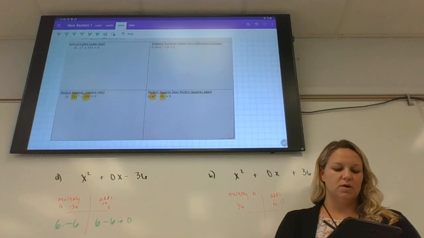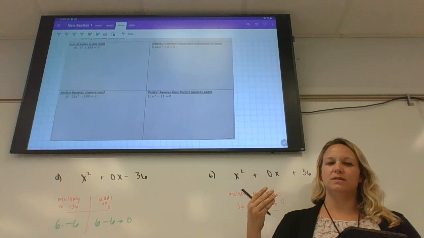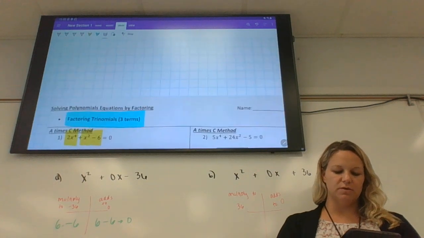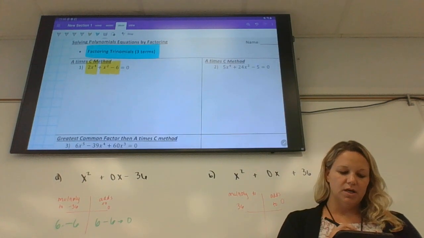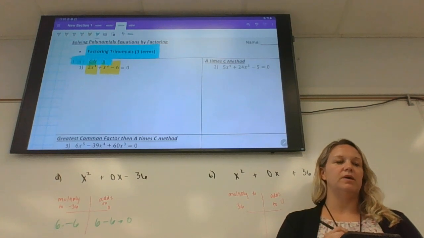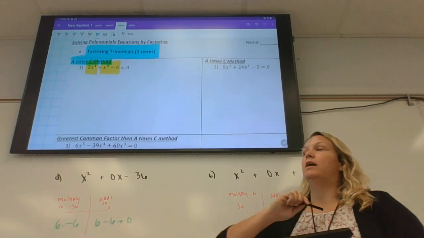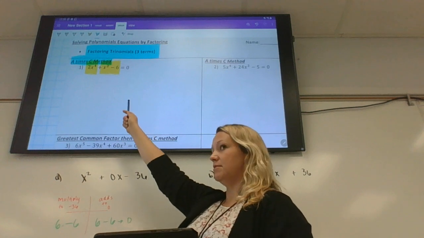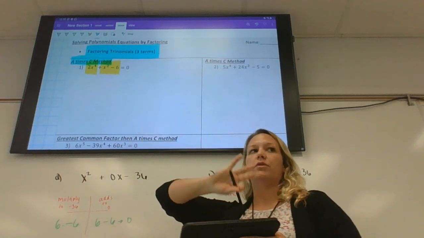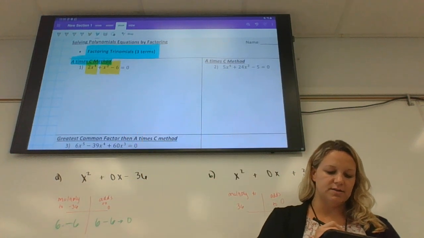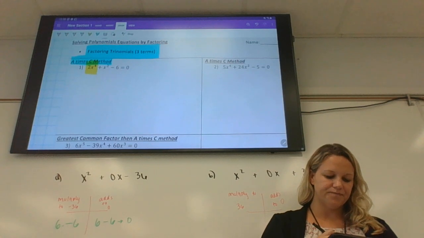So that's one thing that helps you make decisions about how to factor. So when you have 3 terms, you want to use the A times C method. On your quiz tomorrow, I'm not going to put this A times C method. You have to know 3 terms. Let me try the A times C method.